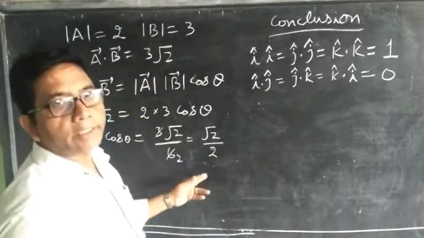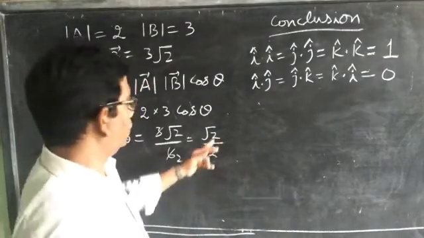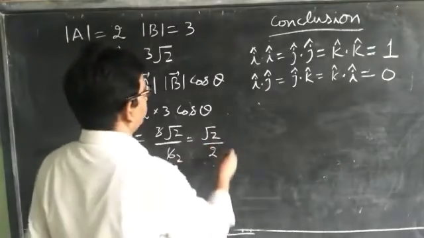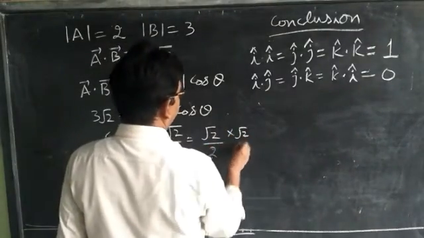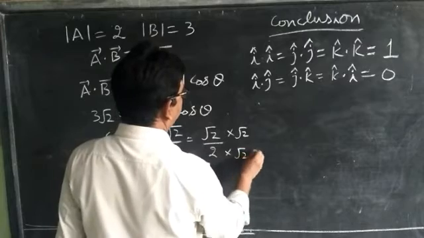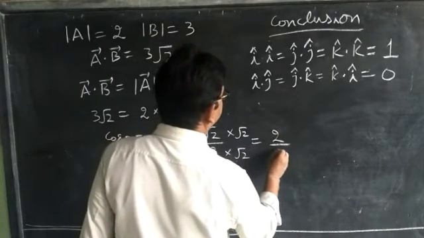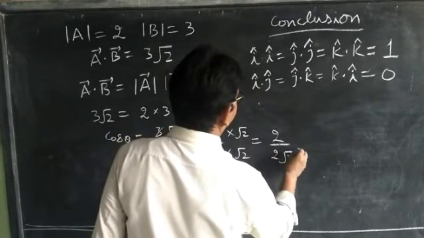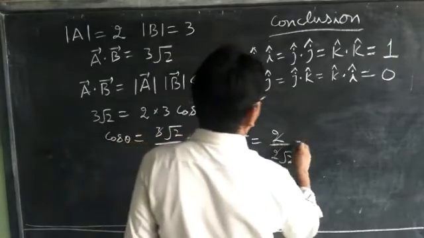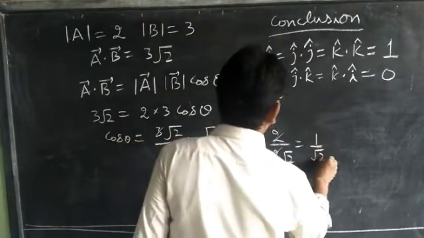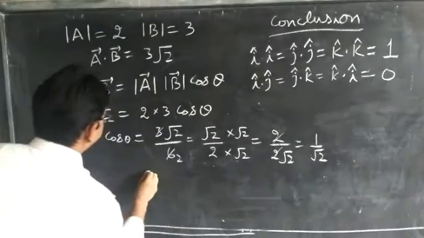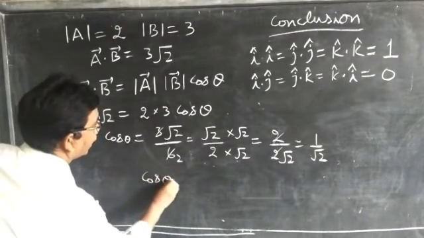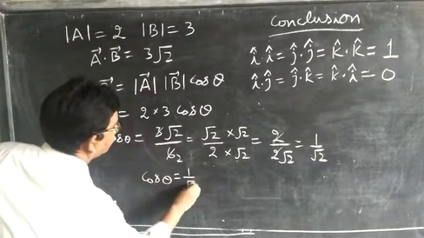We shall multiply and divide by under root 2 in numerator and denominator. Under root 2 multiplied and under root 2 divided, this becomes 2 upon 2 under root 2. Cancel 2, that is 1 upon under root 2. Thus cos theta is equal to 1 upon under root 2.